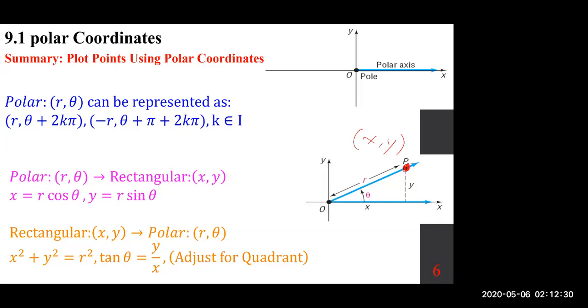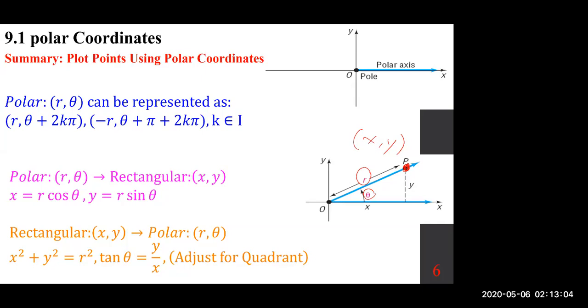Now, there is another way of referring to point P. We can represent the P and locate the P, okay, with the distance it makes from the origin and the angle that it makes with the x-axis. So distance from the origin, or an angle that it makes with the x-axis theta.